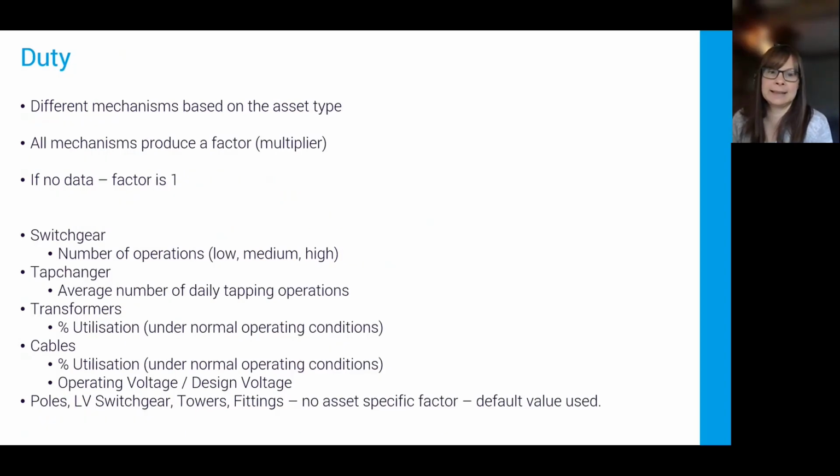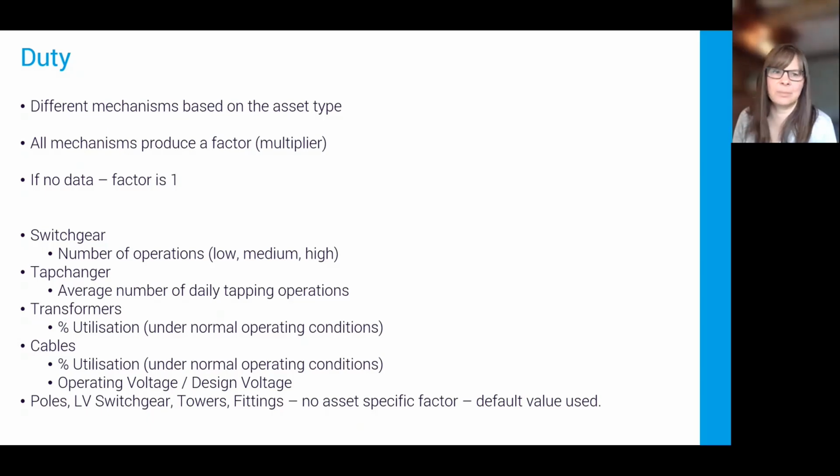Duty is based on the asset type. I've mentioned the number of operations for the switchgear assets. These are all defaulted. The default standard is 1, and duty is a multiplier. For switchgear, we generally use number of operations, and this is quite chunked up. Common methodology doesn't use exact numbers, but looks at low to medium and then high.